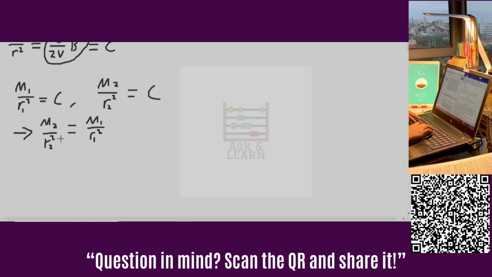So now, to get r2 on its own, there's a couple different approaches you can use. You could multiply both sides by r squared and then divide both sides by this. Or you can divide both sides by this m2 and then just flip both sides. Either way you'll get the same answer.